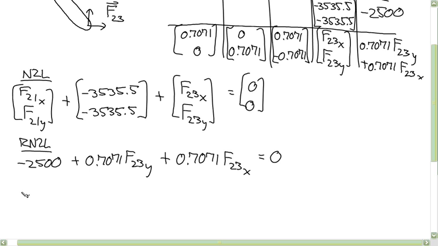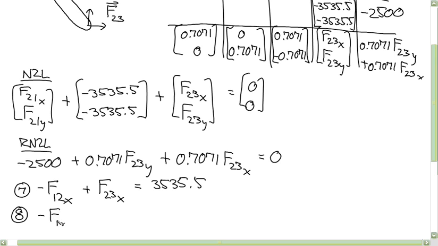So that means that equation 7 is going to be negative F12x plus F23x is equal to 35.5. And equation 8, negative F12y plus F23y is equal to 35.5.